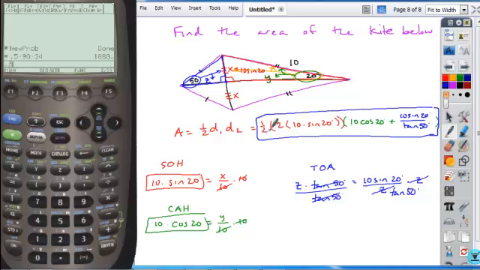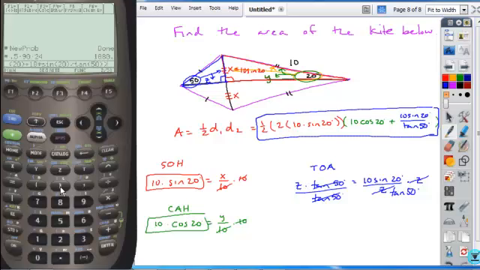If we enter 0.5 times 2 times 10 times the sine of 20 degrees, and then we're going to multiply that by this whole quantity, 10 times the cosine of 20, plus 10 times the sine of 20, divided by the tan of 50, and close that off.